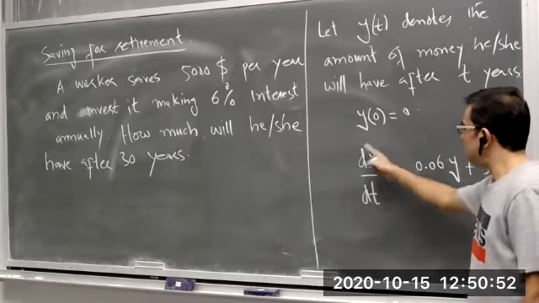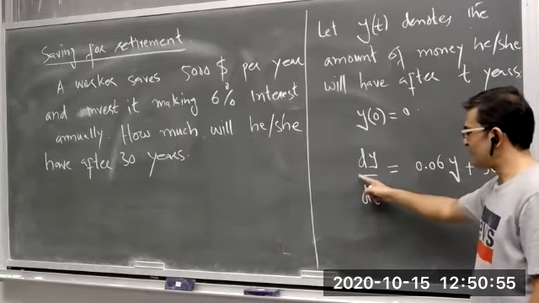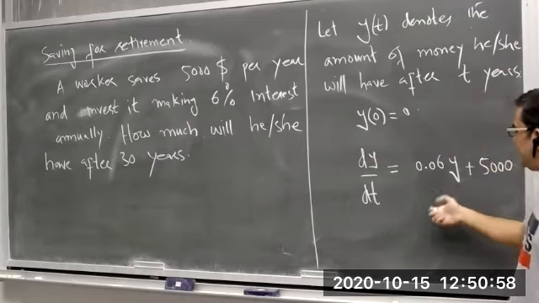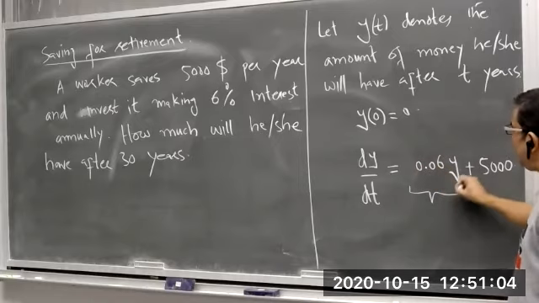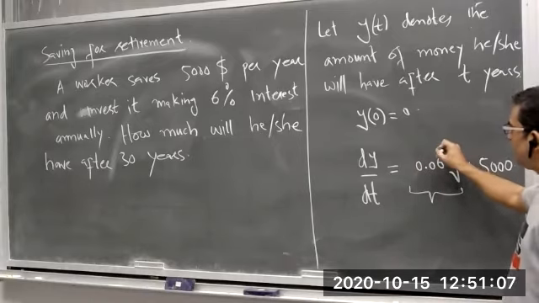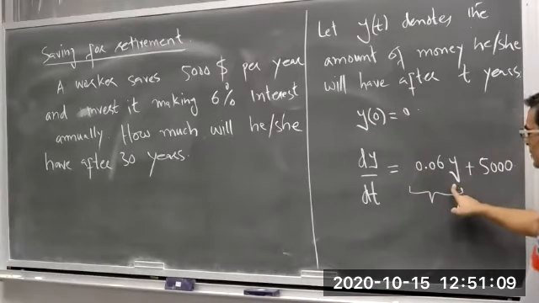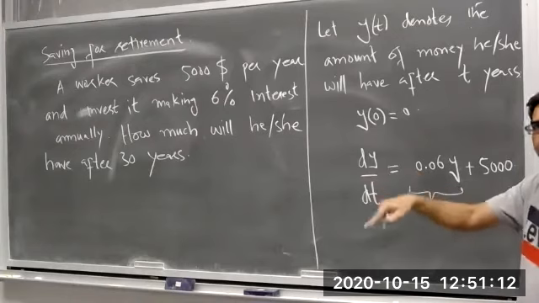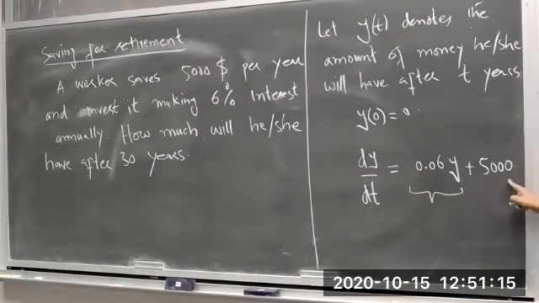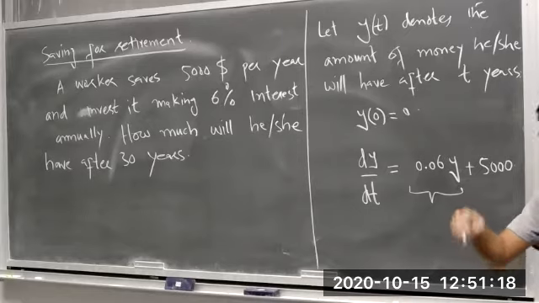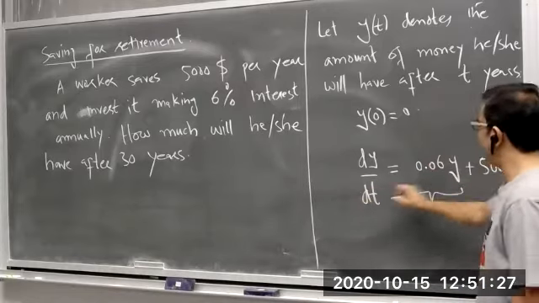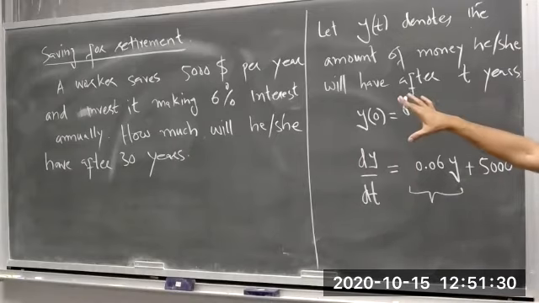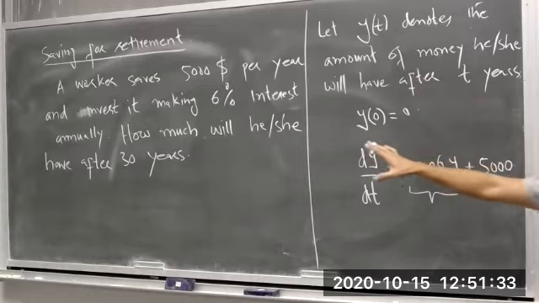So this is how the amount of money will change. It depends on two terms. This term gives the increase in the money with the interest rate of 6% on the money already in that business or account. Now 5,000 is also what he is putting in that business or savings account in a bank. So basically we have this model, this differential equation, which describes this kind of situation or social process.